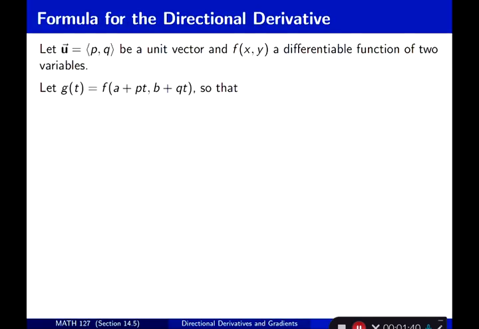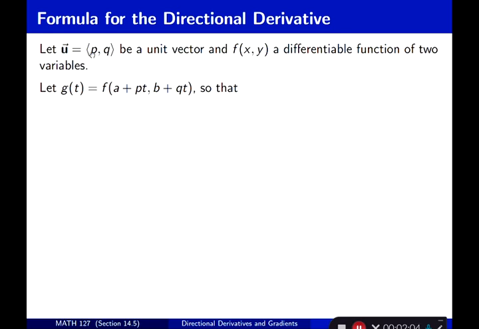Now, formula for directional derivative. Part of the derivation of the formula we haven't discussed yet, but we don't give the derivation of the chain rule in the next section explicitly either. So let's discuss it right now. The directional derivative and derivation of the formula.